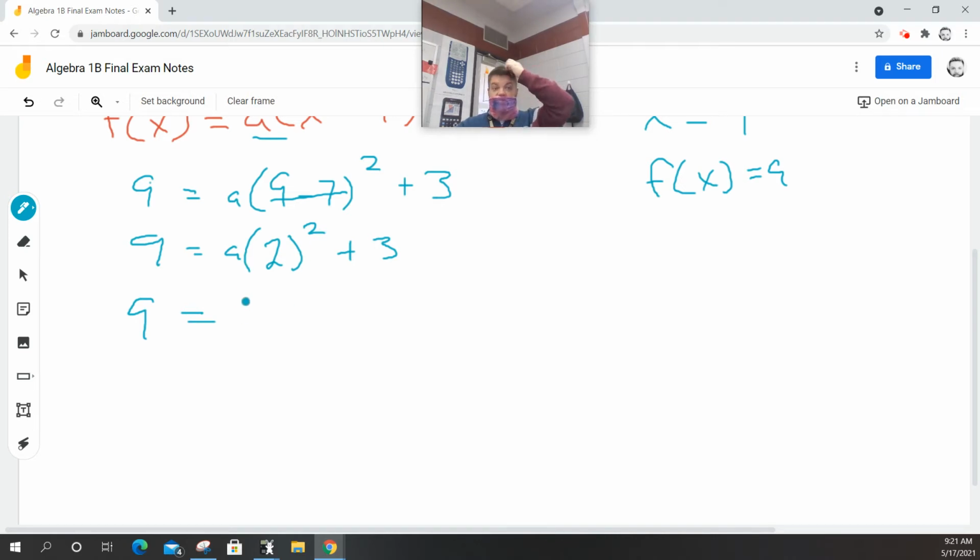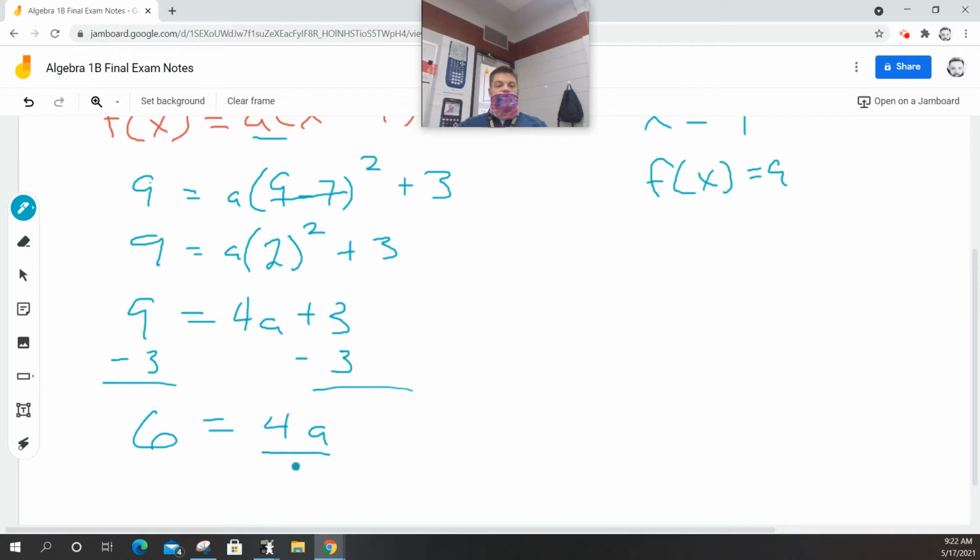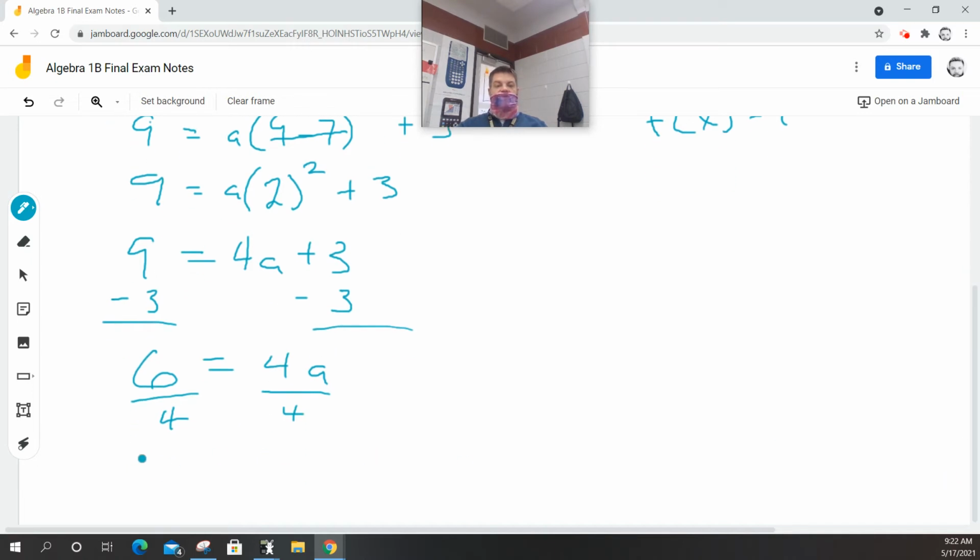Because 2 squared is 4. We always put the number in front of the letter. Plus 3. I'm going to subtract 3 from both sides. I'm sorry, I know I'm moving fast. So I get 6 equals 4a. Divide both sides by 4. And I get that a is equal to, that reduces down to 3 over 2, right?